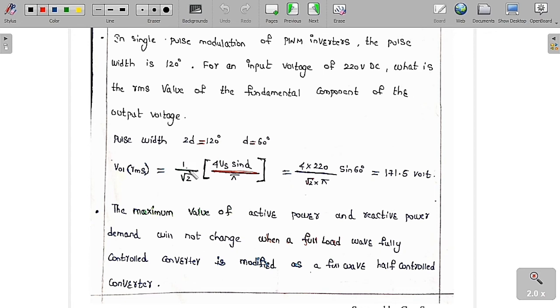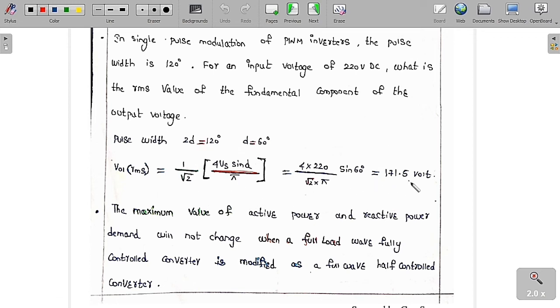The output voltage general expression is the sum over n equals 1, 3, 5 to infinity of 4 Vs by n pi into sin n gamma into sin n D by capital N into sin n omega t. Here capital N is equal to 1 and gamma is equal to pi by 2. If you substitute here, we get an expression; take the peak value by root 2.